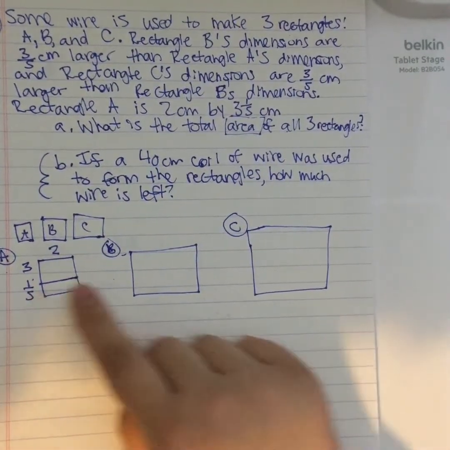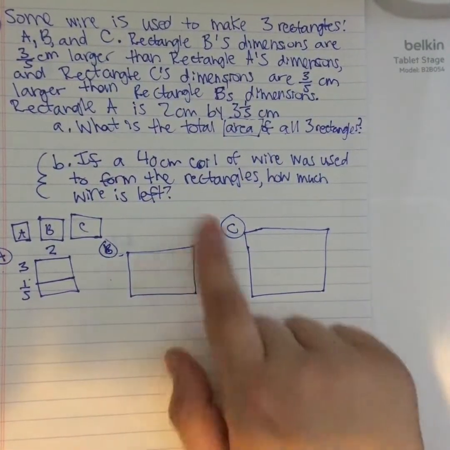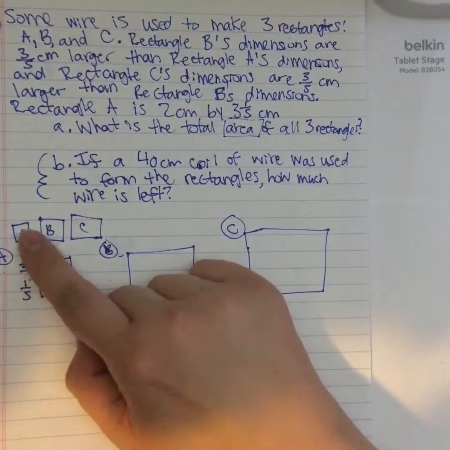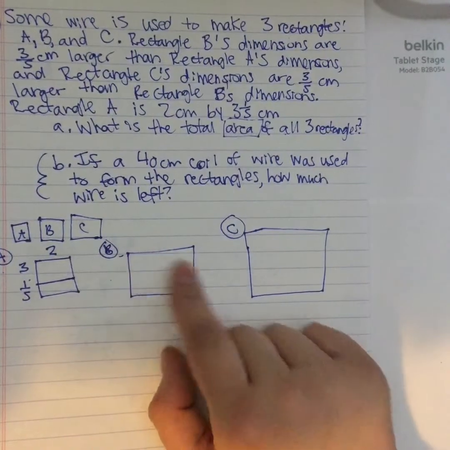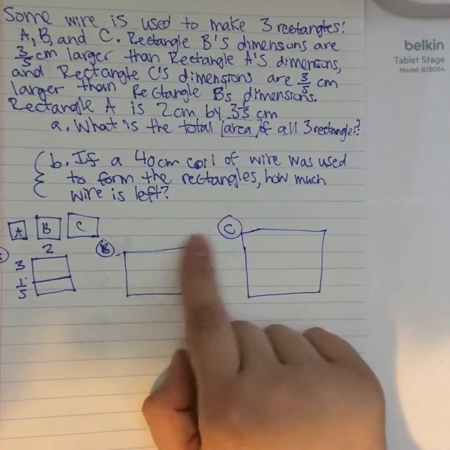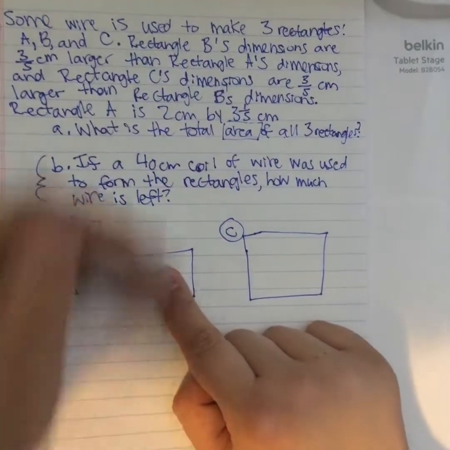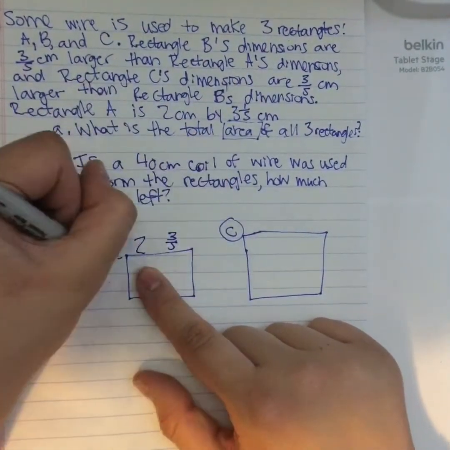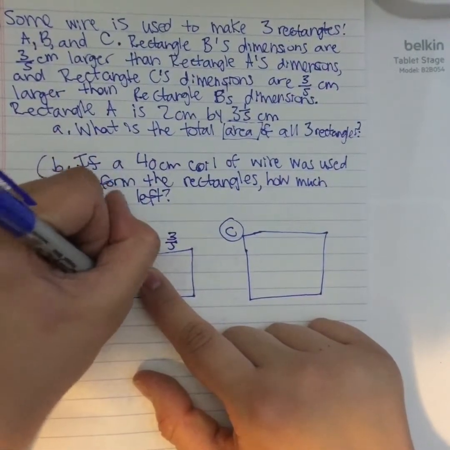So when we're looking at B, we know that it's 3/5. I'm sorry, did I say 3 1/2? I meant 3 1/5. Over here, we know that each length and width are 3/5 centimeters bigger than the previous one. So we end up with 2 3/5 by 3 4/5.